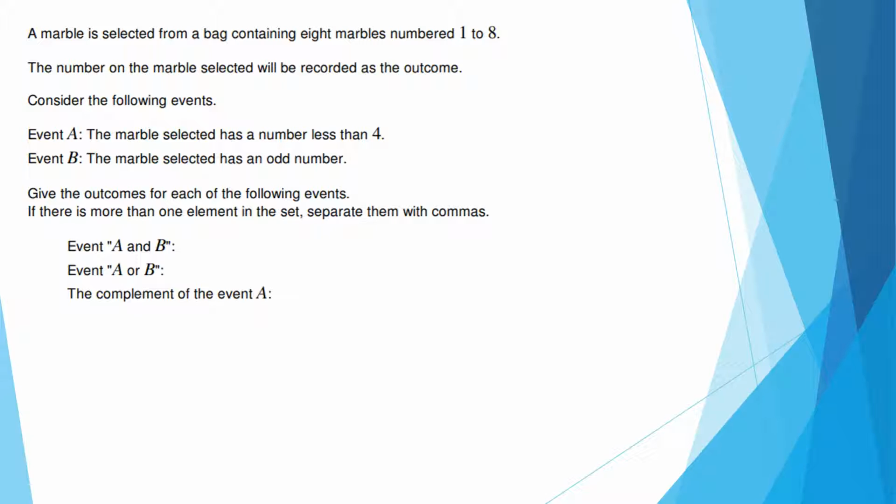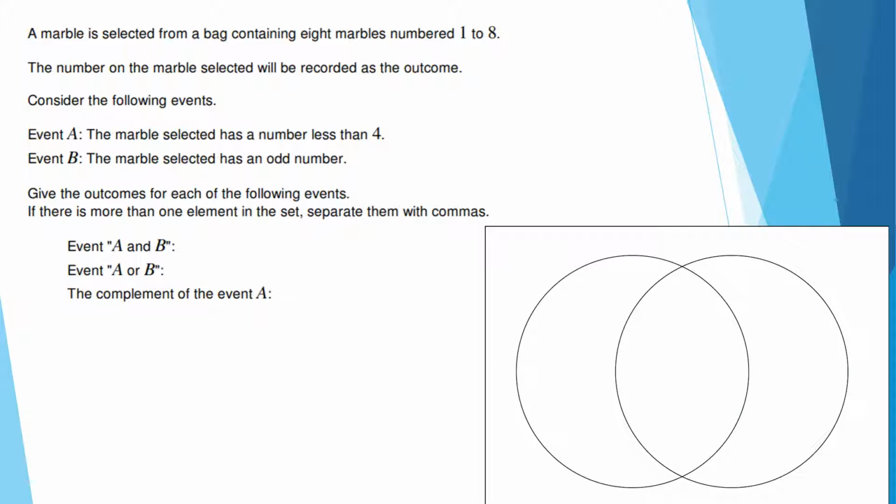All right, so I'm going to go through and solve this really quick. I brought my Venn diagram, and in my Venn diagram, I have my universal set. I have set A and set B. I've got 1 through 8 in my universal set. A is if the marble selected has a number less than 4. And B is an odd number.